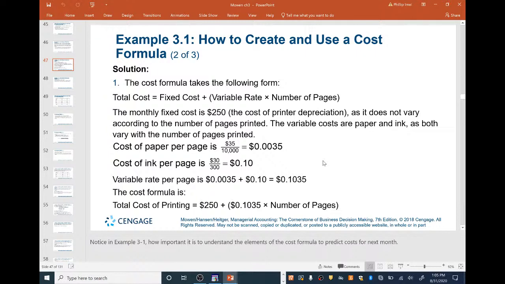The cost formula, the total cost of printing: total cost of printing equals fixed cost of $250 for depreciation plus 0.1035, so a little over 10 cents, times the number of pages printed. So there's our total cost of printing formula, right? Makes sense. Okay, let's take it a little bit farther here.